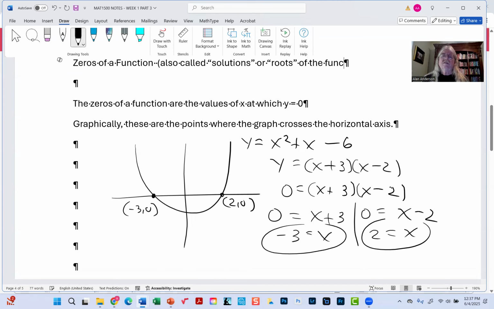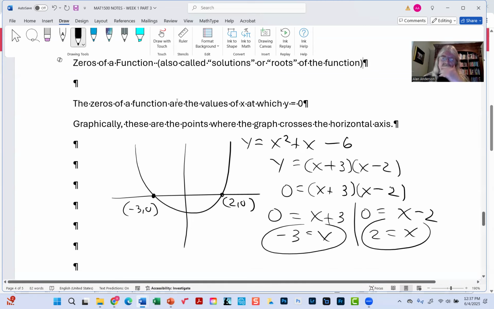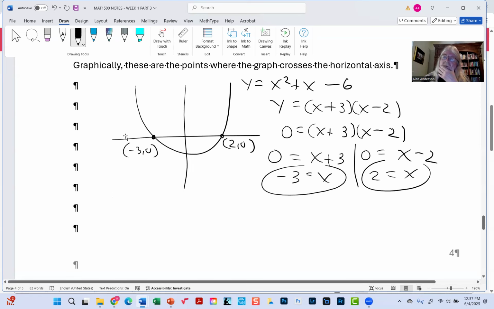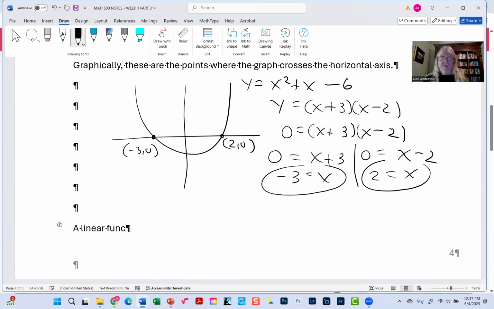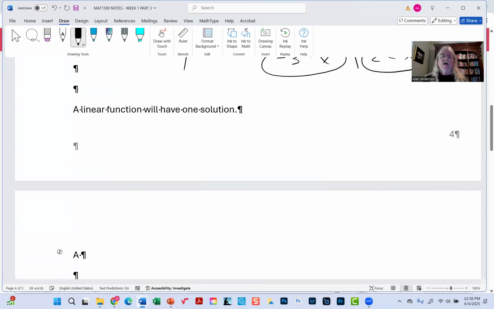of the function. Okay. Now, of course, the number of solutions depends on the degree of the polynomial. A linear function has only one solution. A cubic function, depending on which one it is, can have up to three solutions.